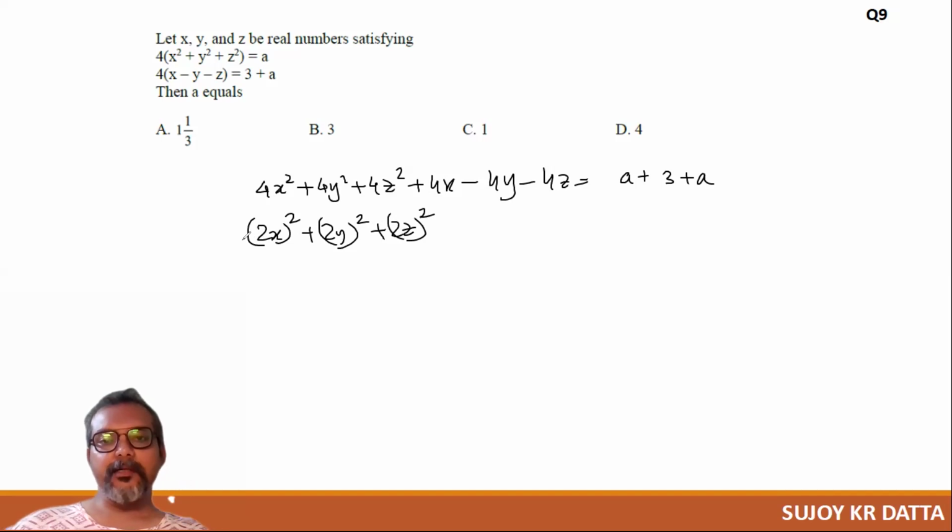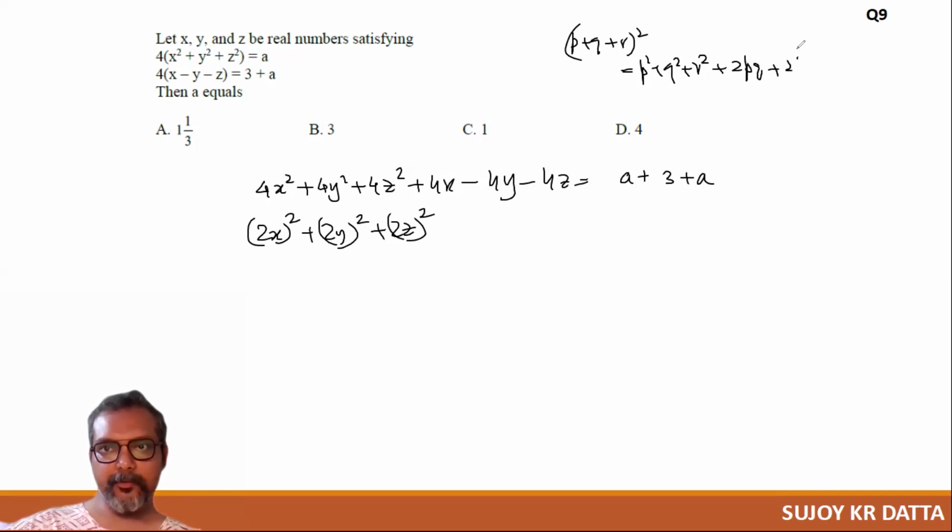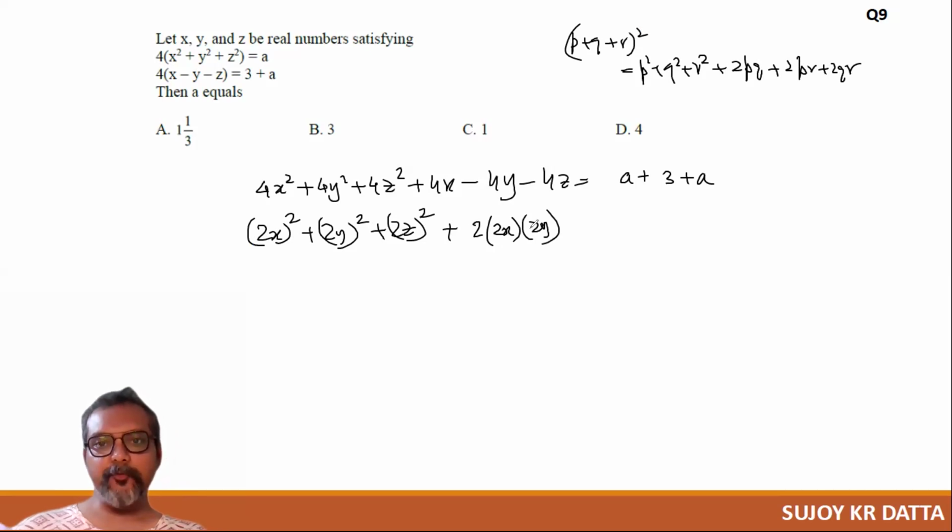Now if I want to get them in a square form, we know the formula p plus q plus r whole squared would be p squared, q squared, r squared, 2pq, 2pr, and 2qr. So if I want to do the same thing here, I should have had 2 times 2x times 2y. But that would be 8, and I only have 4.